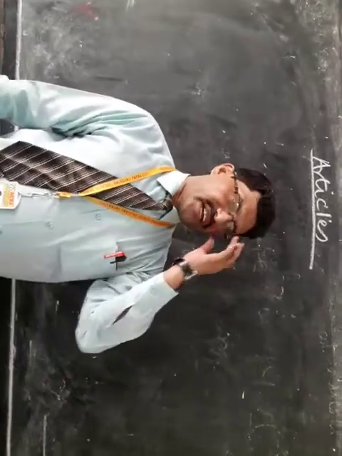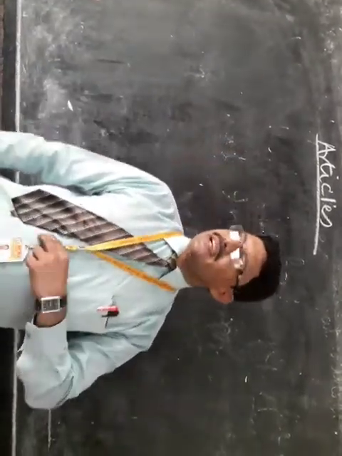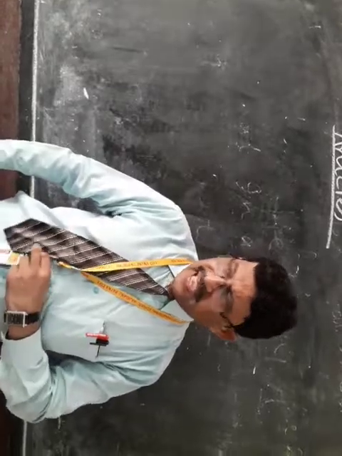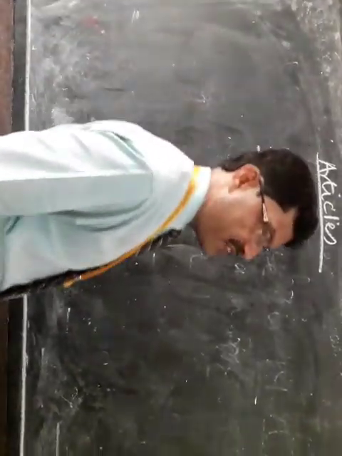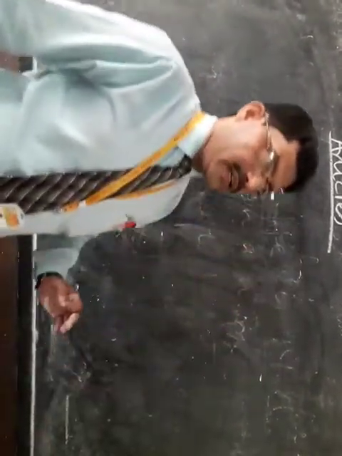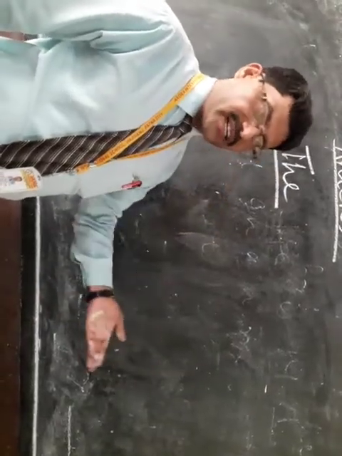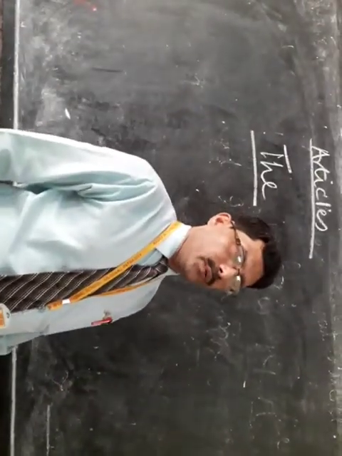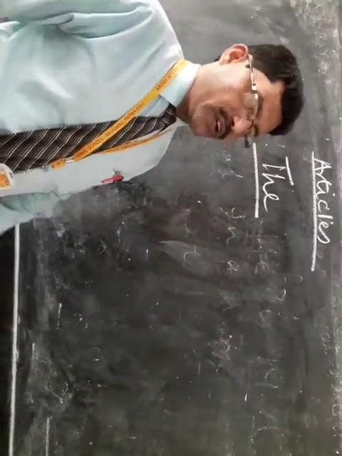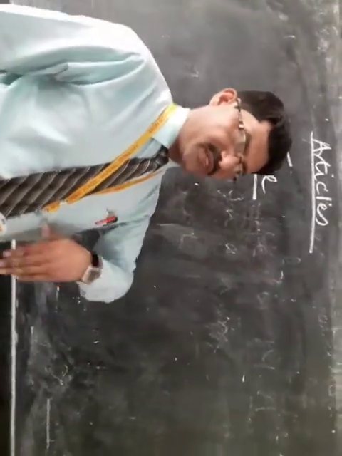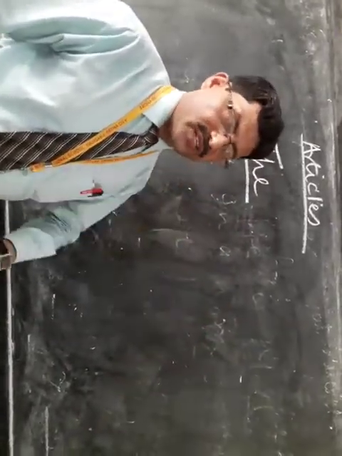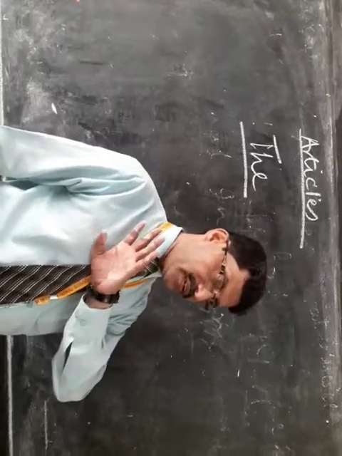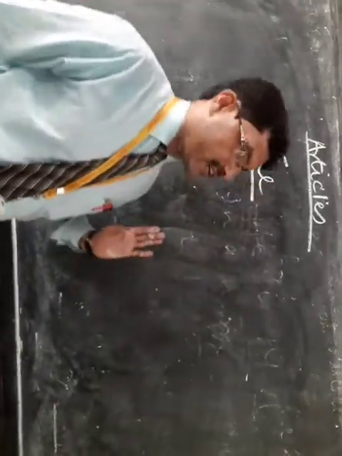If I am not mistaken, I must have taught you earlier that the is a definite article, and all the articles are used before a noun. If there is an adjective, they are used before adjectives. If there is an adverb, they are used before an adverb. But the presence of a noun is a must, otherwise there would be no usage of articles.